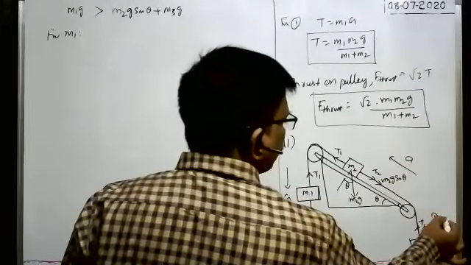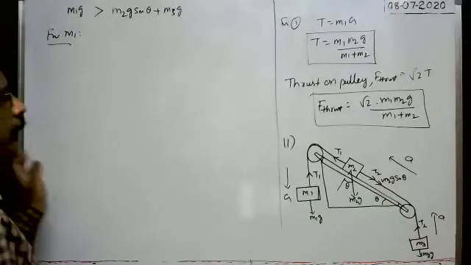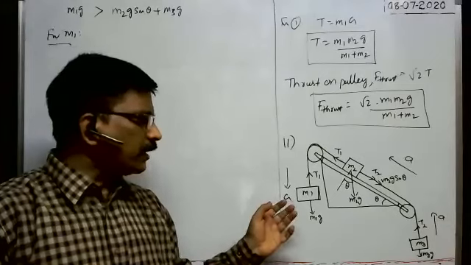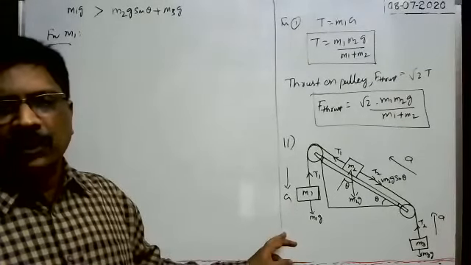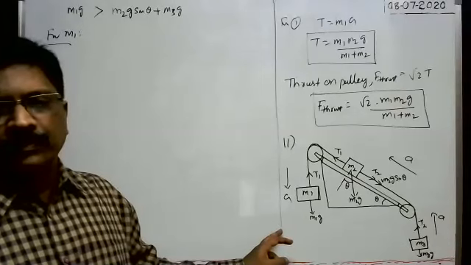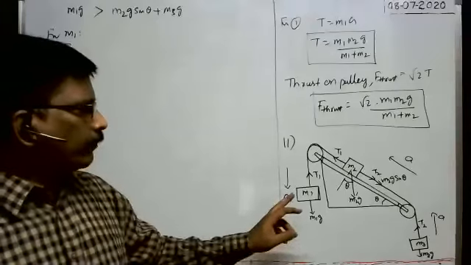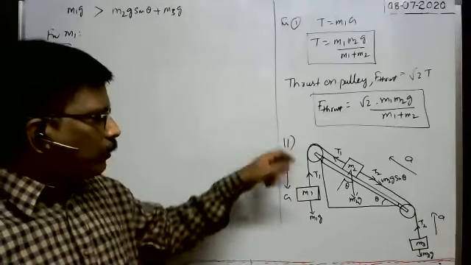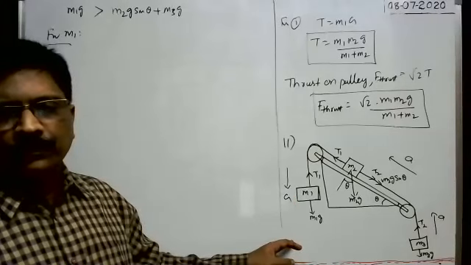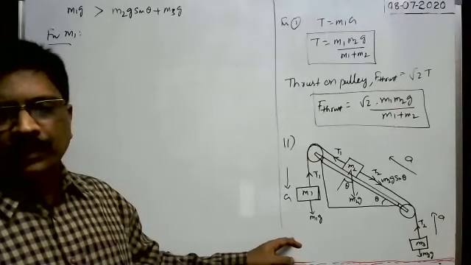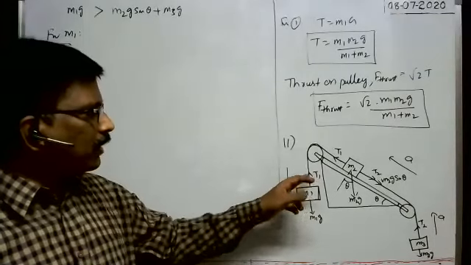Now for block M1, according to Newton's second law of motion, how can we write it? As this block comes down, M1g minus T1 is equal to M1 into a.